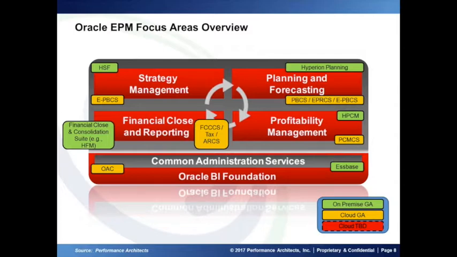You also have tools to help manage the financial close. That's the traditional stalwart financial close and consolidation, or HFM, which many folks out there use today. And the newer cloud versions of that tool, which is the financial close and consolidation service. There's also modules for tax.